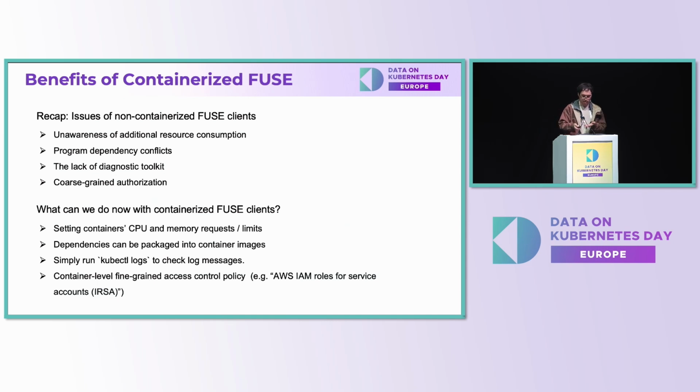And finally, containerized Fuse clients can leverage container-level access control like the AWS IAM roles for service accounts, aka IRSA. IRSA binds permission to a pod's lifecycle, so once the pod is deleted from the Kubernetes cluster, its credentials will also be removed, so it makes a fine-grained permission control. So this is my part, and welcome.